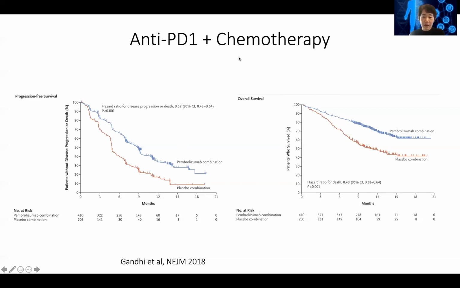It's not only better than chemotherapy, later on there are also trials showing that this is also better than anti-PD-1 alone. Because very often the cancer cell, when treated with chemotherapy, will increase antigen presentation, which will then help the T cell to recognize the tumor antigen. And then with the PD-1, the T cell won't get dysfunctional.